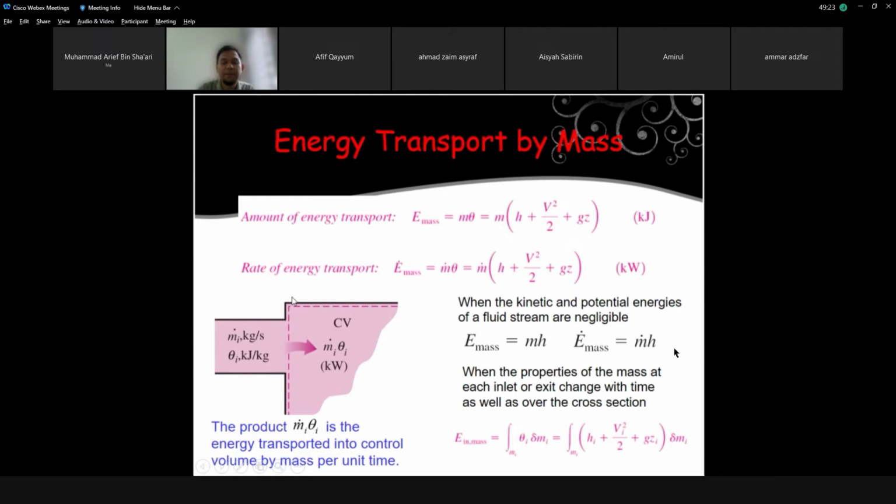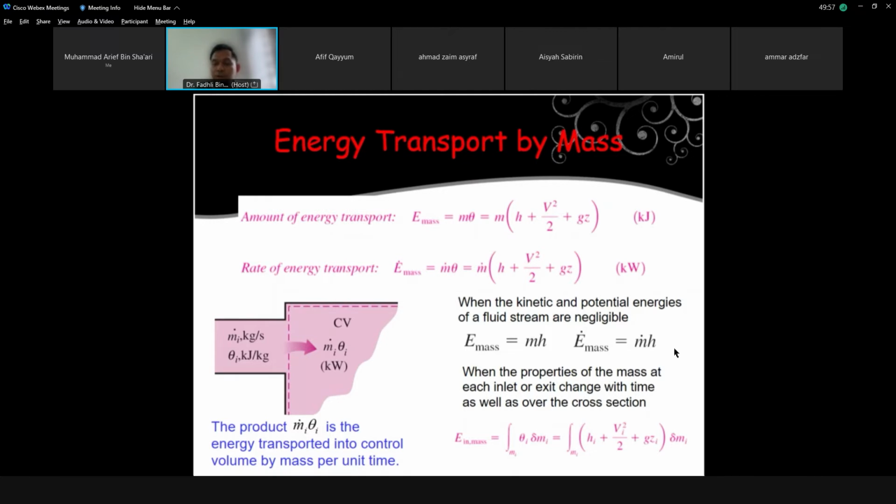Okay. So energy transported by mass. As I said at the early part of this session, mass is transferred in and out. So mass menolak mass selepas masuk ke dalam. In order to make the fluid enter or leave the system, they need to have force untuk tolak masuk dan keluar dari sistem.